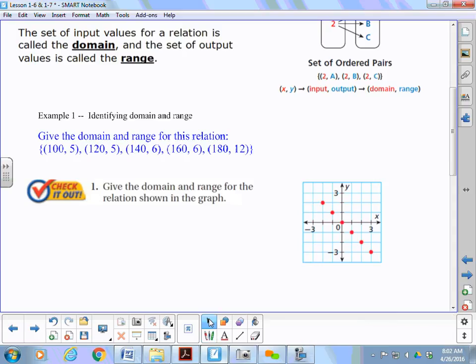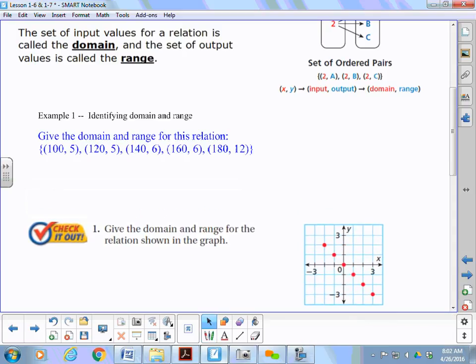When you do this, you have to use braces to represent them when they are individual values. If it's a whole group of values, like all real numbers or the natural numbers, then you don't have to. But if it's just a group of numbers, then you need to represent them with braces. So when I list the domain here, what values is the domain?